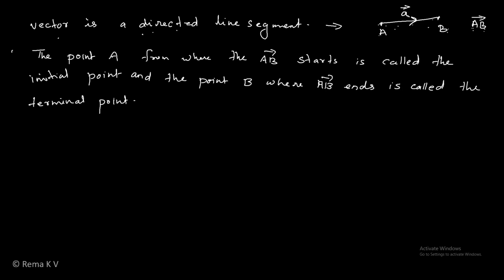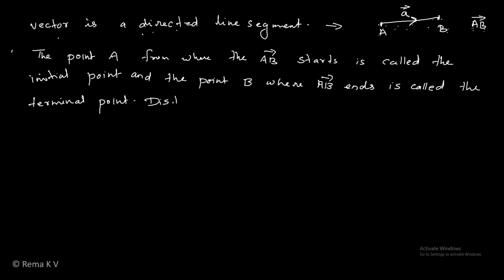See the directed line segment AB. Directed line segment means the direction is also given here. AB is the line segment. We start from A, so the initial point is A and it ends in B. Therefore this B is called the terminal point.